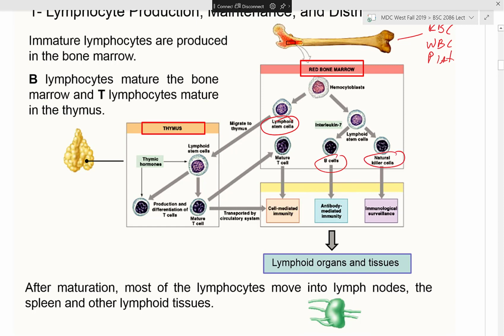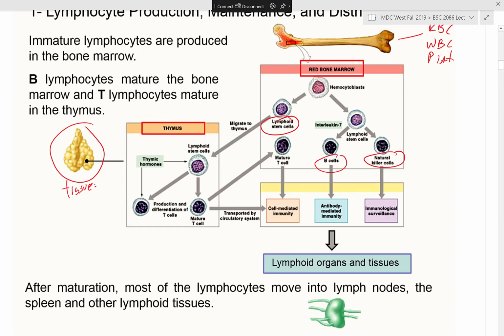The T's, on the other hand, are going to be sent out through the bloodstream all the way into your what? Into your thymus. At the level of the thymus, that's where they are going to be exposed to the tissue of your body. In this case, it will be the tissue of the thymus.